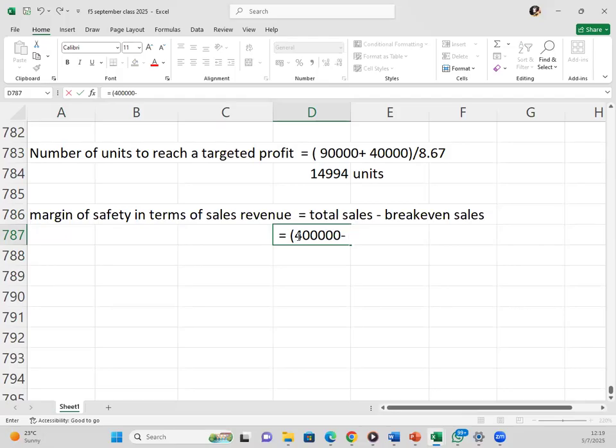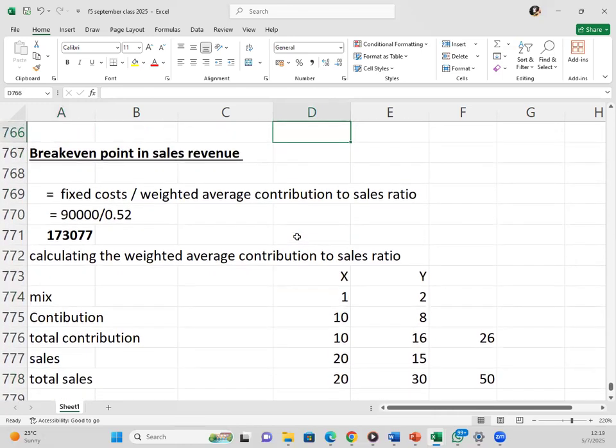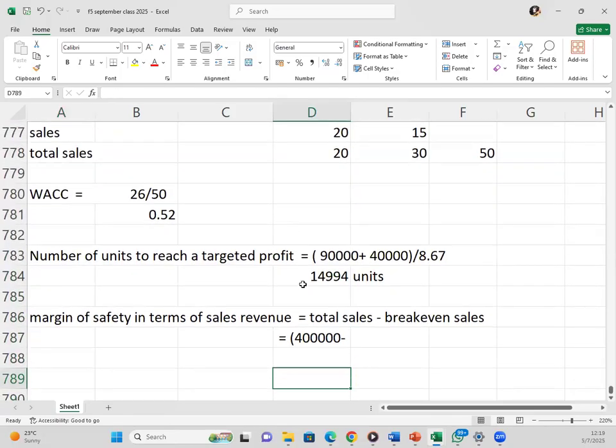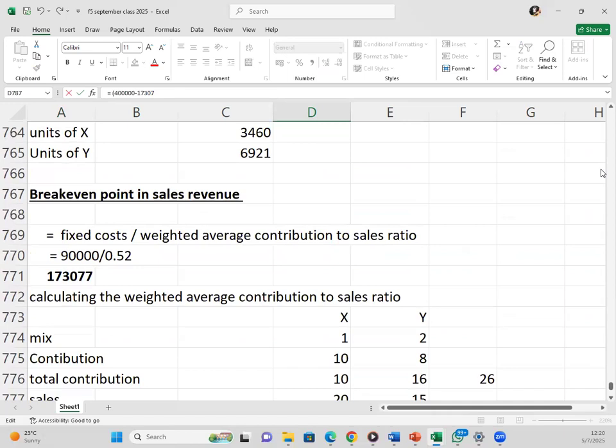The break-even revenue we calculated on top was something like 173,000. Is it 173,077, not 070?